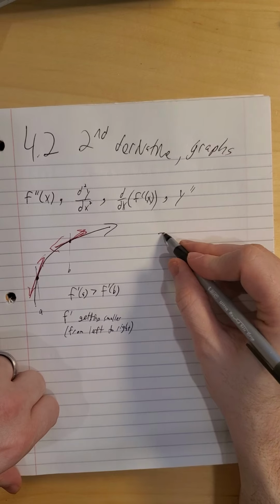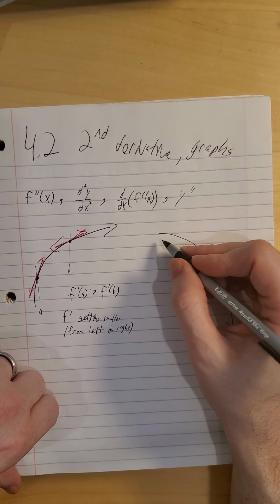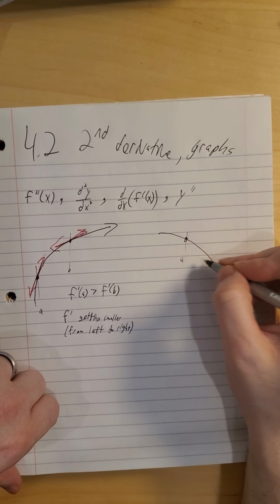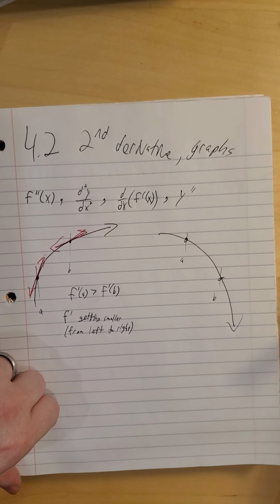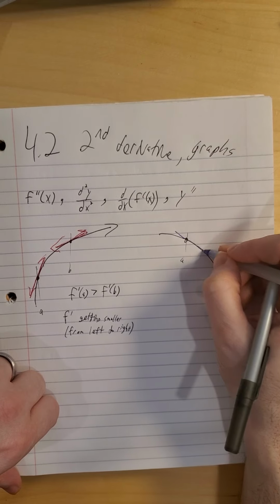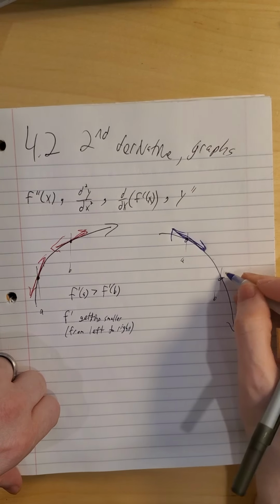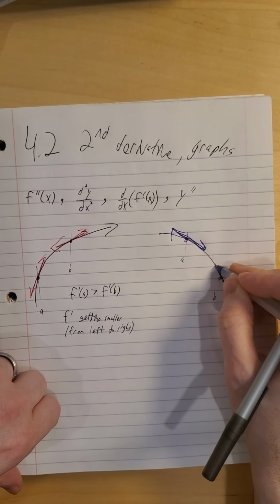Now similarly, if we had, let's say, a curve like this, and again, here's A, here's B, and we draw tangent lines, here's one tangent line. They don't have to be works of art.